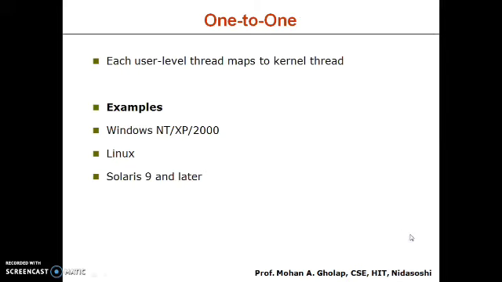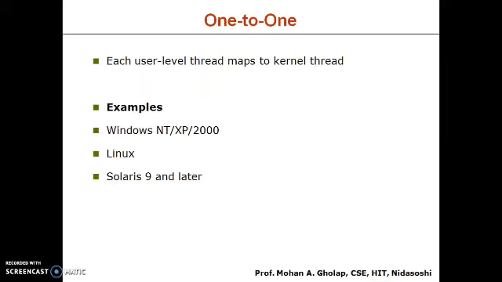To overcome the drawbacks of the many-to-one model, we have the one-to-one model, where for every user thread we have a corresponding kernel thread. The drawback of the many-to-one model was that at a time only one user thread will be active and allowed to execute, so parallel execution is not possible.